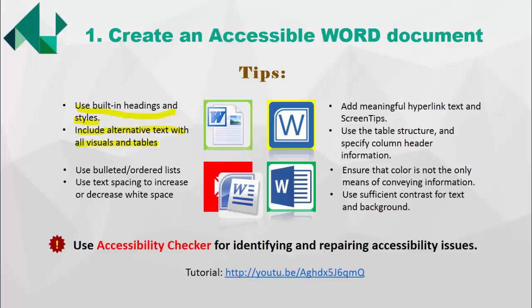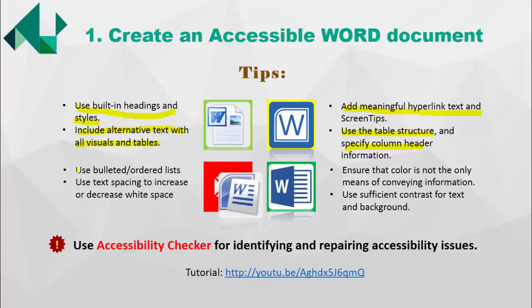For all those non-text objects, you must use alternative text to describe them. And for hyperlinks, you must also add descriptions. And fourth, if the document has tables, you must specify the column header and in some cases the row headers.